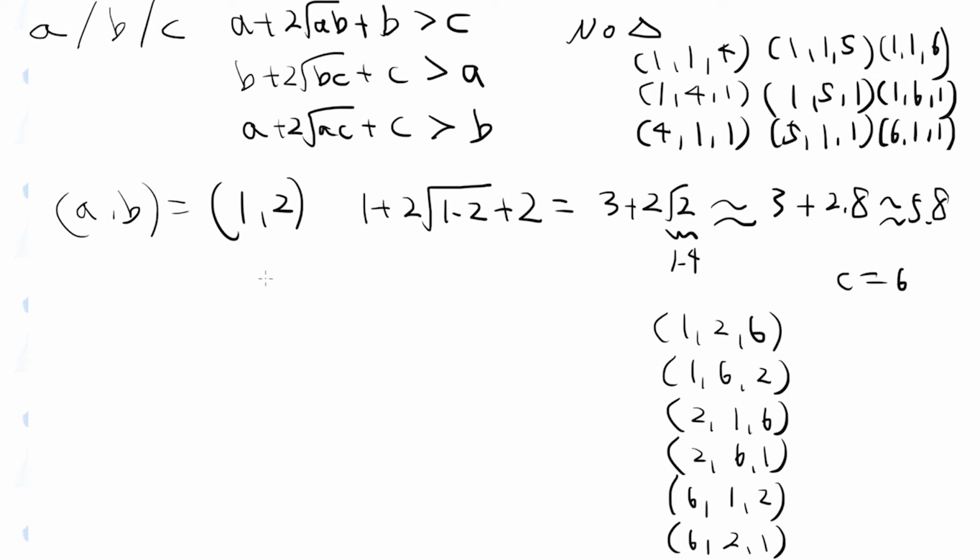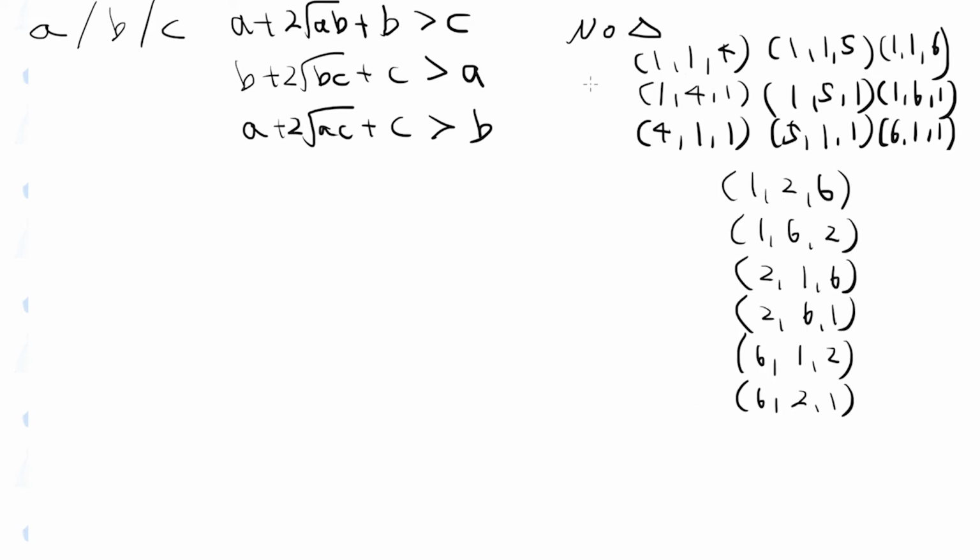For the rest of the combinations, there will always be triangles. So 3 times 3 plus 6, 9 plus 6 is 15. So there are 15 combinations of the values of A, B, and C where no triangles can be formed.